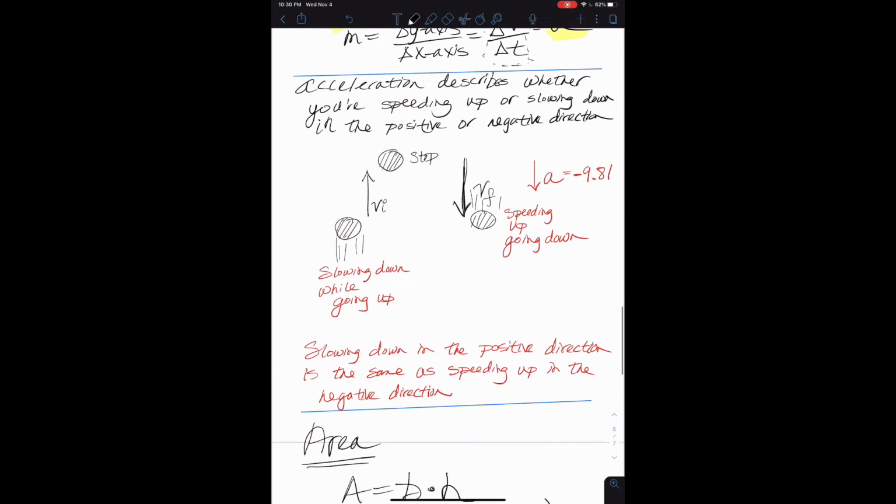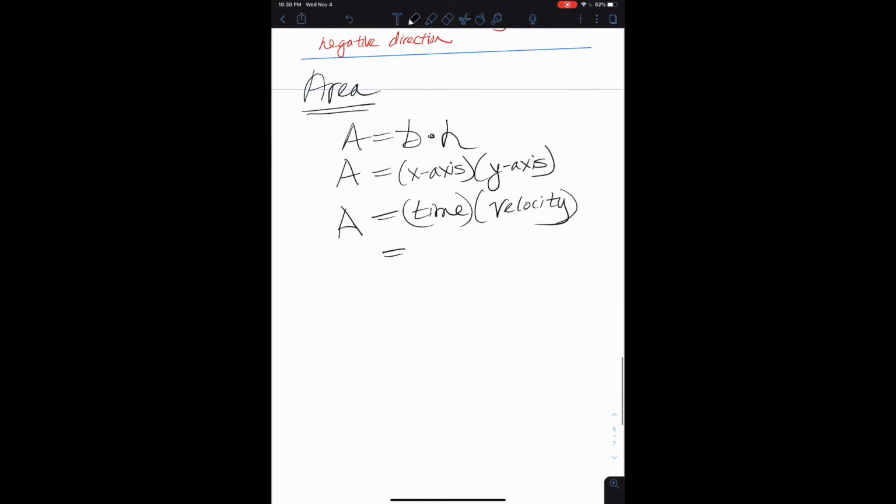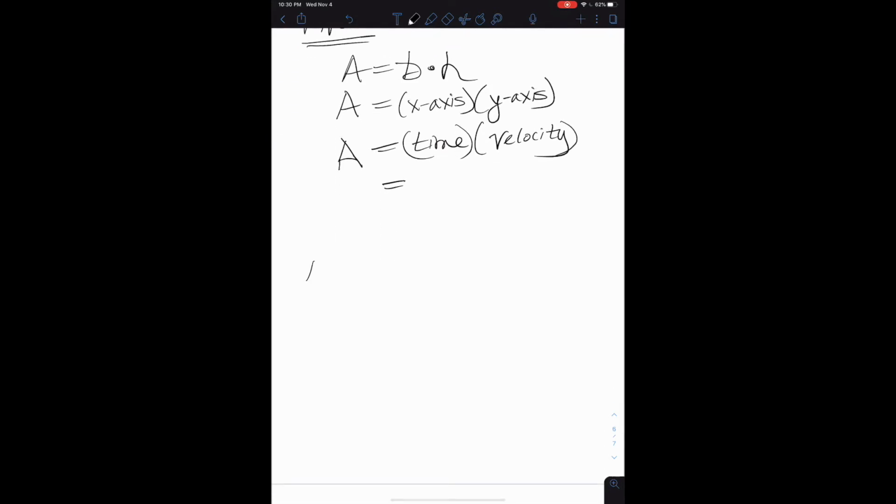V. So what happens when we multiply time times velocity? That is going to equal our area. But what is time times velocity? Let's think about a formula for velocity. Well, let's go ahead and multiply both sides by t.